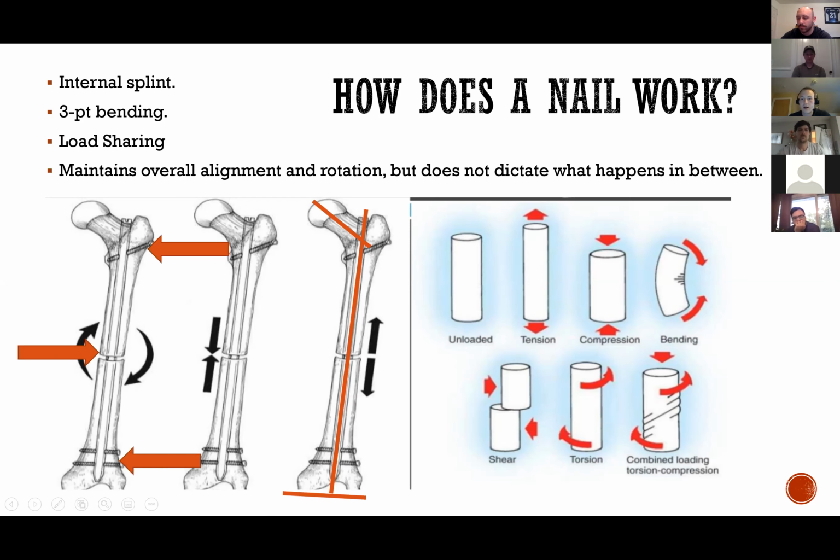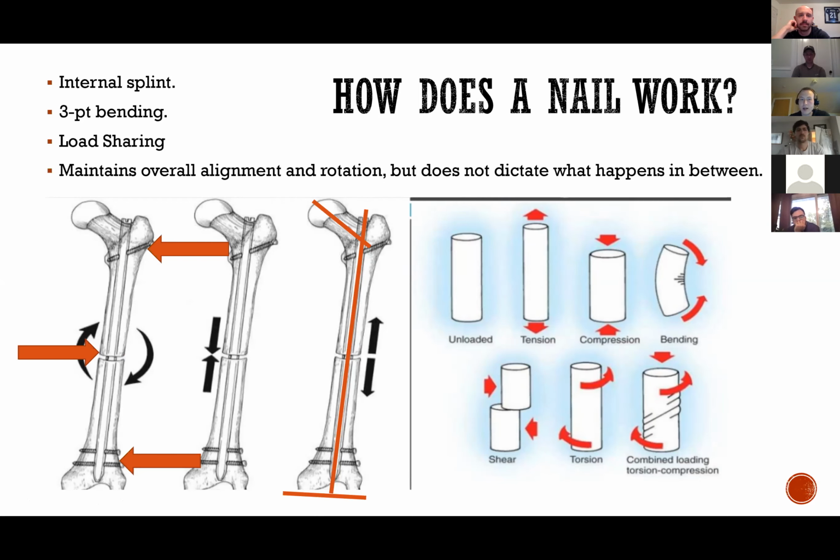It's also a load sharing device in that when a patient walks, for instance, the two ends of the bone here share some of the weight of the patient as they walk. All of the weight is not being requisitely placed on the nail. It maintains length, alignment, and rotation, and we don't really care what happens in between.